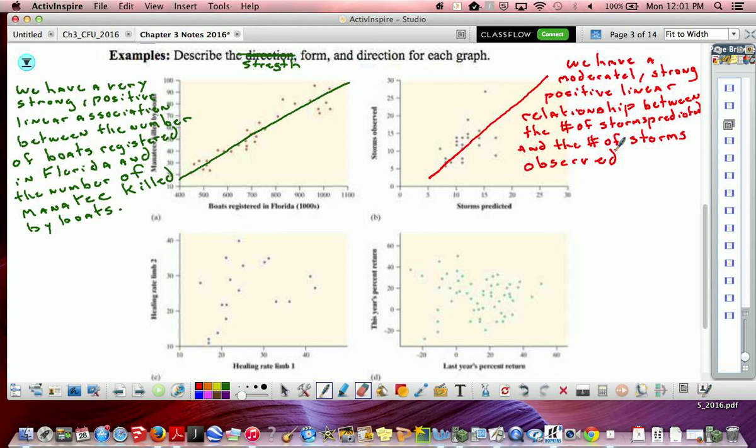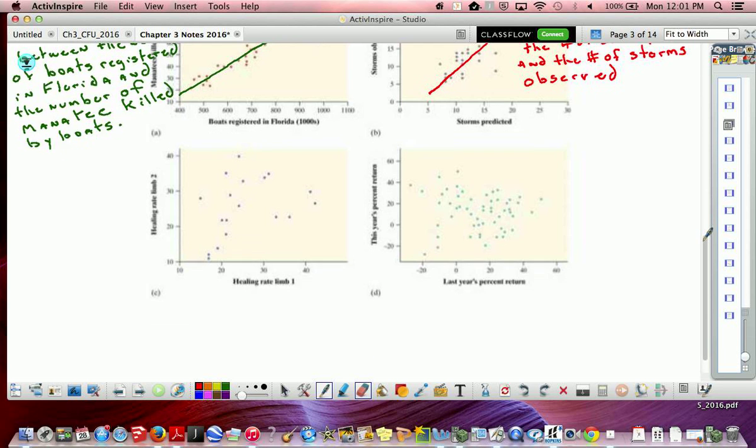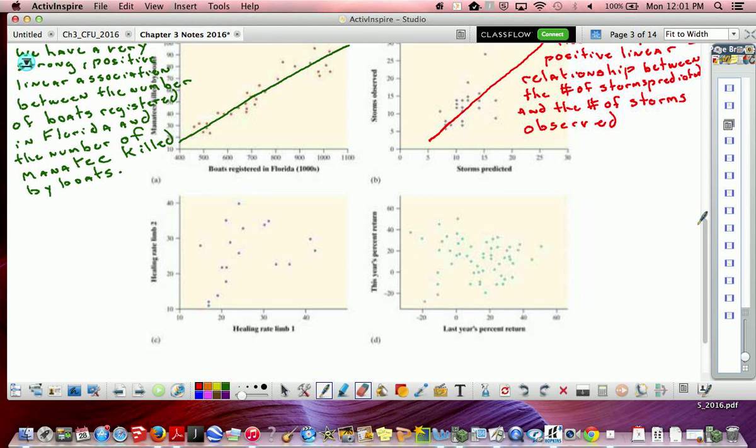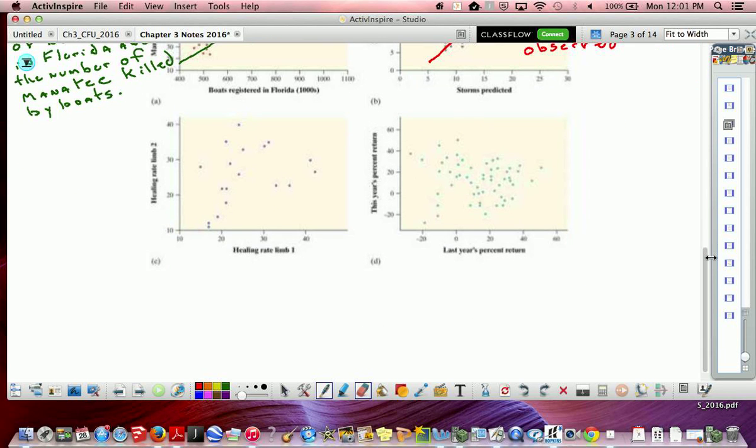How about this next one? It's kind of interesting. Am I going too fast? No. Okay, thank you. On this one it says healing rate of limb 1, healing rate of limb 2. Does it seem like it's going up or down? It still looks like it's positive.